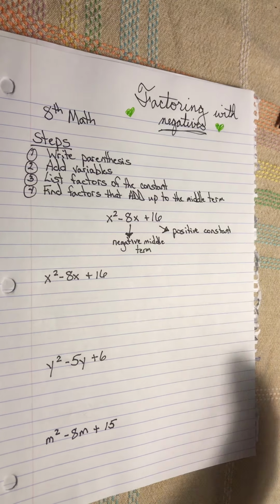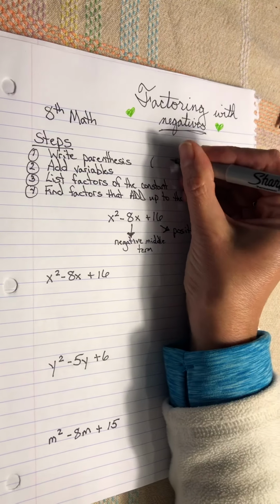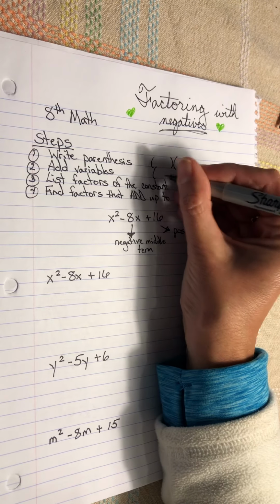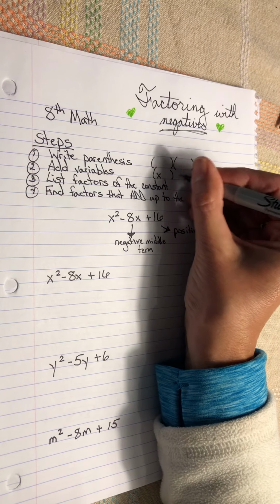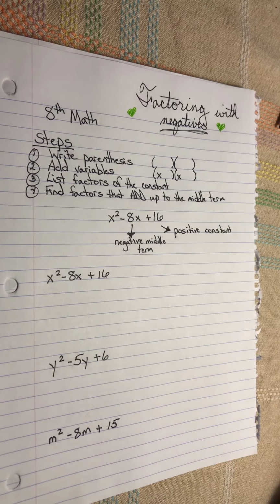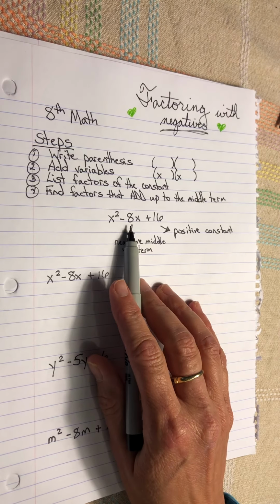So once again, parentheses, then we put the variable inside the parentheses. Then we list the factors of the constant, and then we look at our factors list and find the factors that if you add them together will give you the middle term.